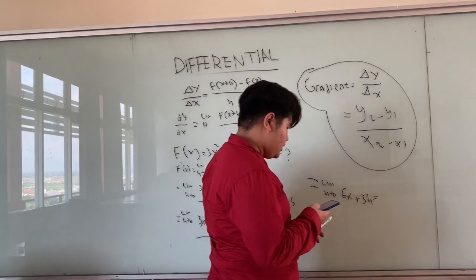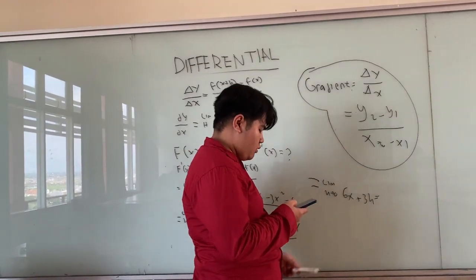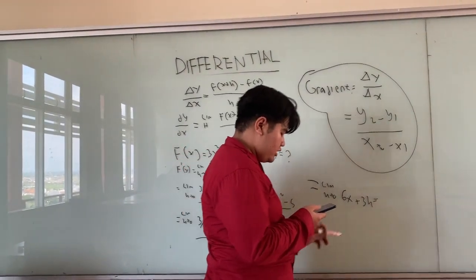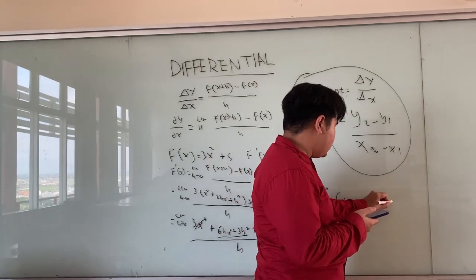Because the limit of h is close to 0, therefore the result will be 6x.